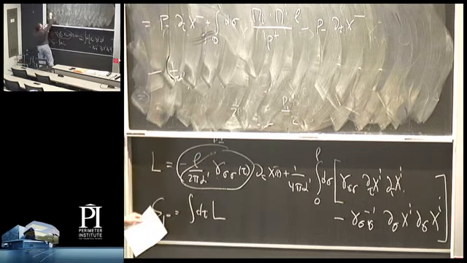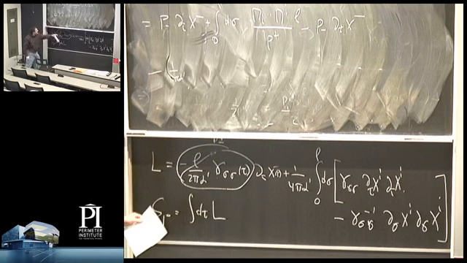So it's minus, this integral 1 over 4 pi alpha prime, and then I have an integral from 0 to L d sigma. Gamma sigma sigma I have to write down in terms of p plus.